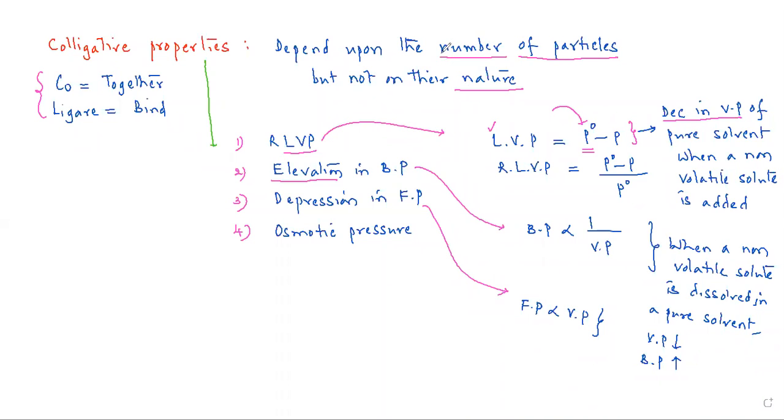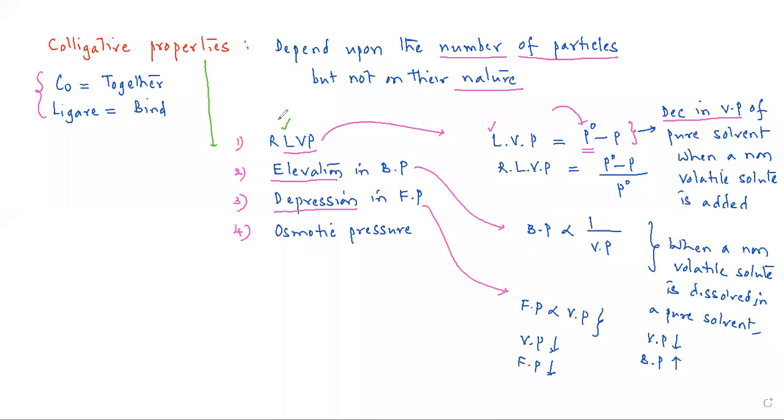Now, just like the boiling point increases when vapor pressure decreases, in this case, when vapor pressure decreases, the freezing point also decreases. So that is what is mentioned here: depression in freezing point. So these are all very clear.